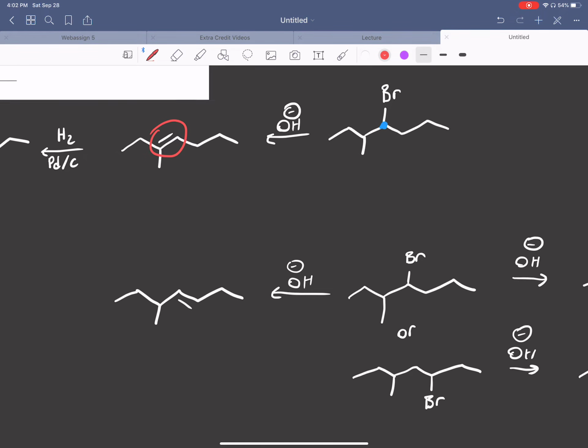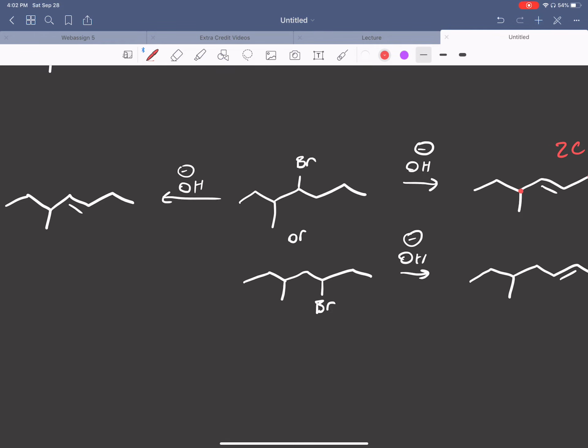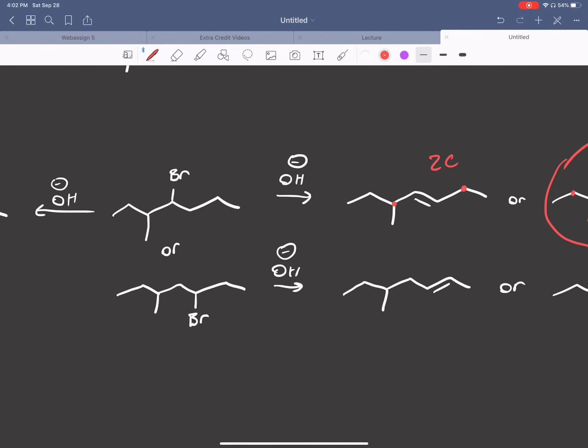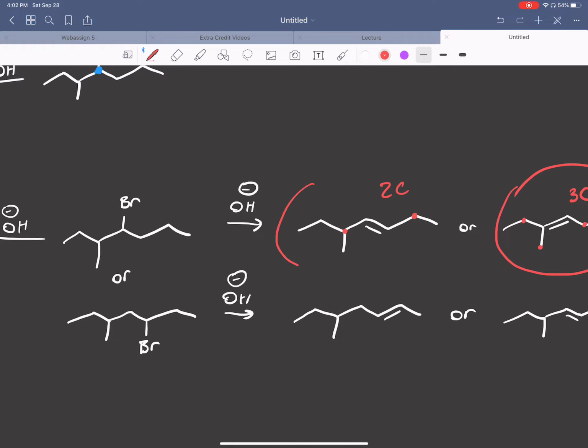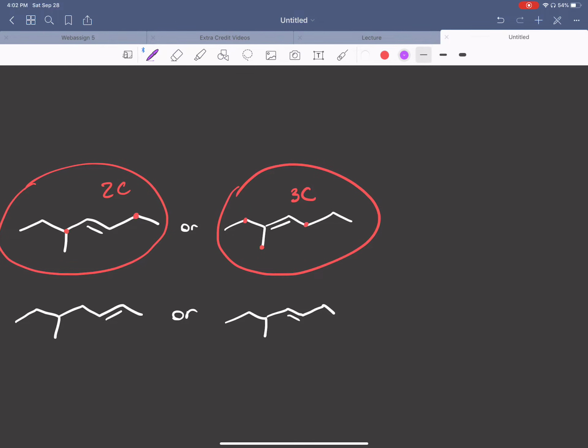We had it on the other end. Okay. And so you can see that we had that alkene right here, this 2-carbon one. Yet when we put our Br in that position, where it is here in purple, we would actually form the double bond on the left because it's more substituted.